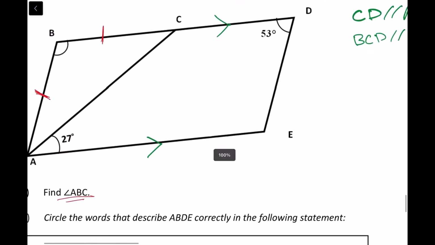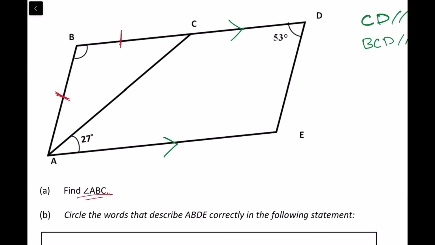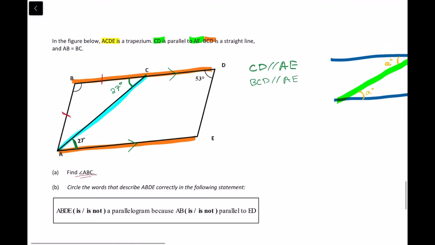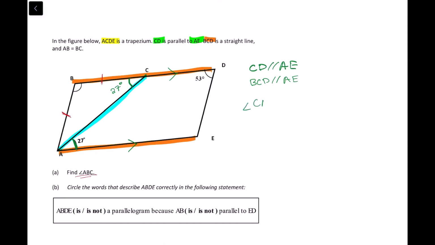Similarly in this case, since BCD is parallel to AE, and we have a third line AC intersecting both these lines at an angle, then angle CAE is equal to angle ACB, which is 27 degrees. So if I erase this, we have angle CAE equal to angle ACB, which is 27 degrees. This is because of the alternate angle theorem.